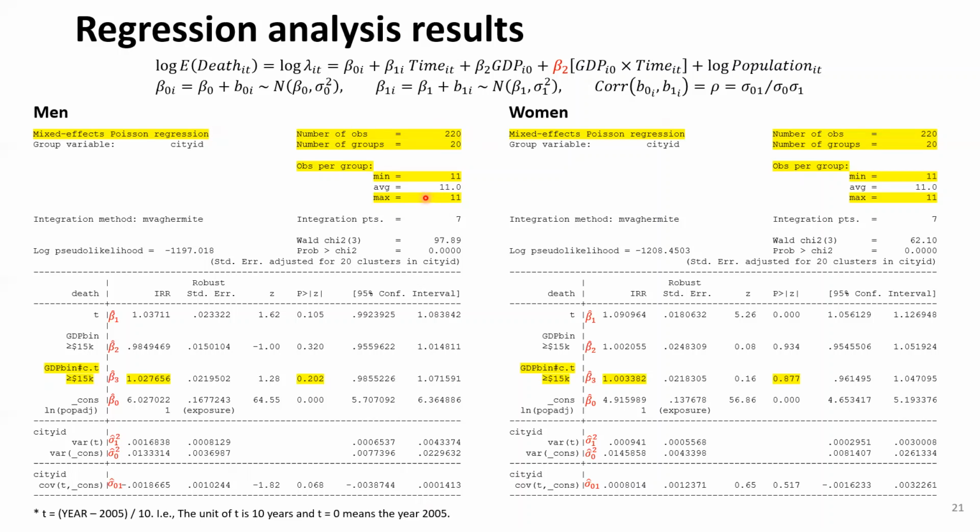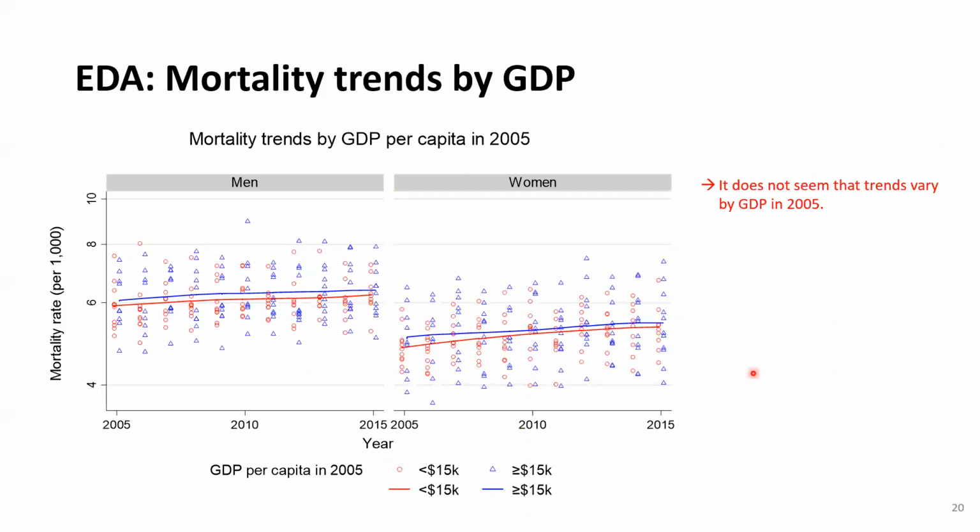So we confirm that we are using the right data, and then we jump into the coefficient for the interaction term. The p-value is 0.2 for men and 0.9 for women. So we confirm that there is no change in slope, which we saw in this graph.